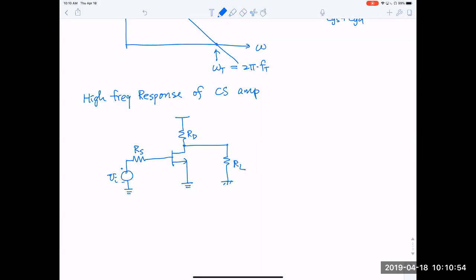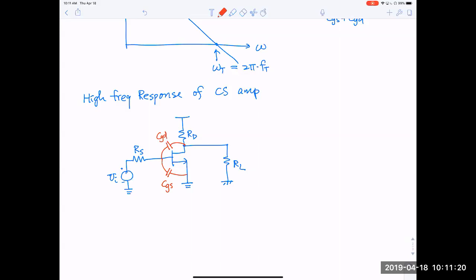And if we now start to attach the capacitors, there's a Cgs here, connecting to ground. It's actually very easy to analyze that. But we have this Cgd term, which connects from input to output.